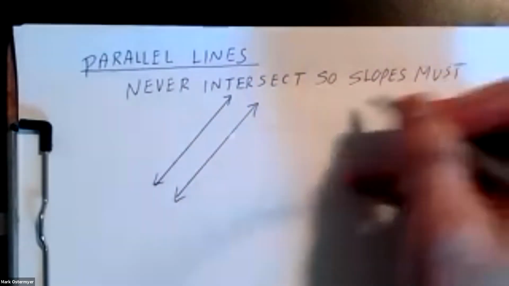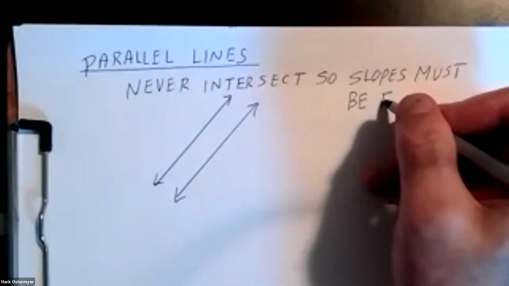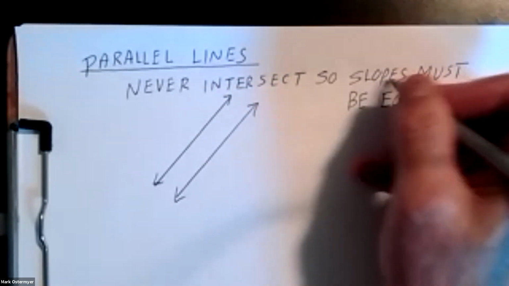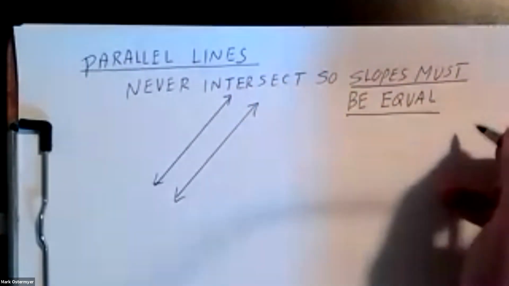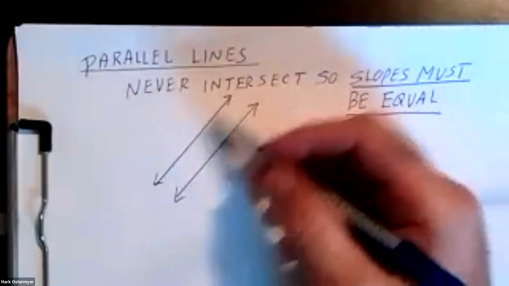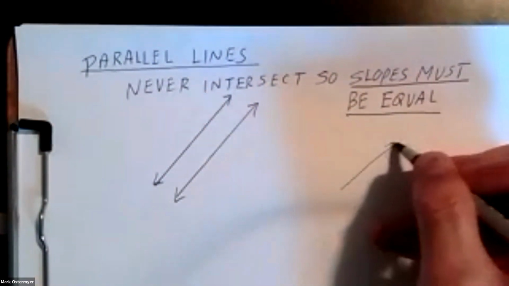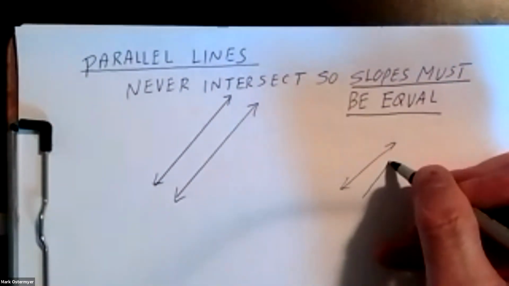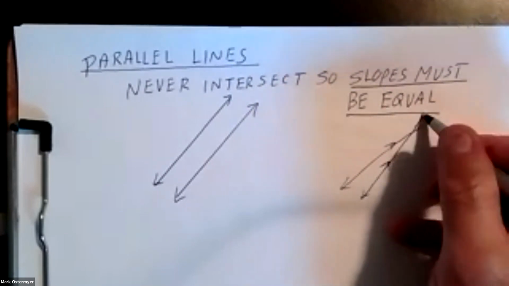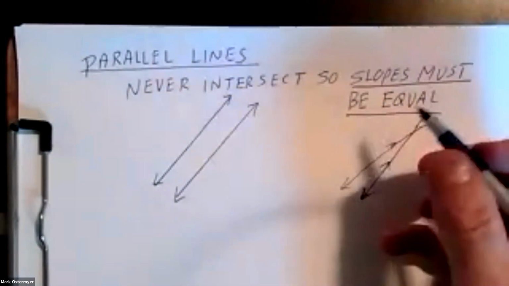The slopes must be equal to each other. Parallel lines have equal slopes. They have to, because if they don't, the slant of one line is going to be slightly different from another line. And if the slant is slightly different from one line to the next, eventually they're going to cross each other. Do you agree?